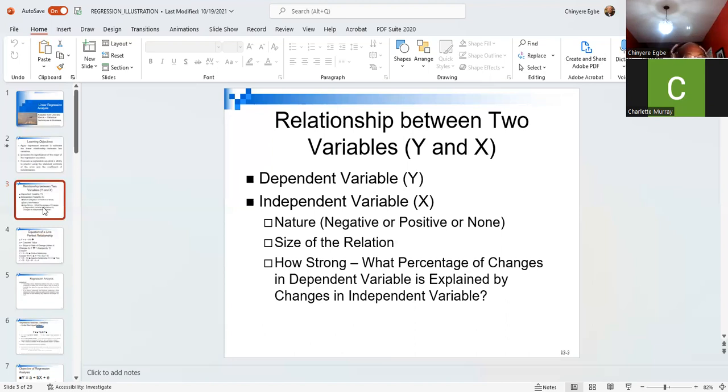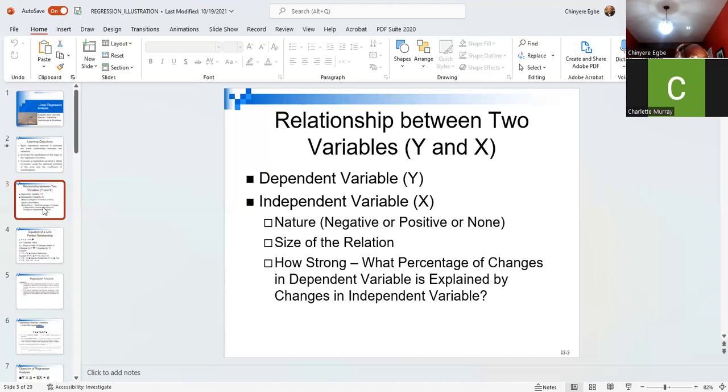We look at something like wage, and we say the wage that anybody earns will depend on how many years of experience that they have had, okay? And also we can take wage as a dependent variable and say wage depends on how many years of education, okay?